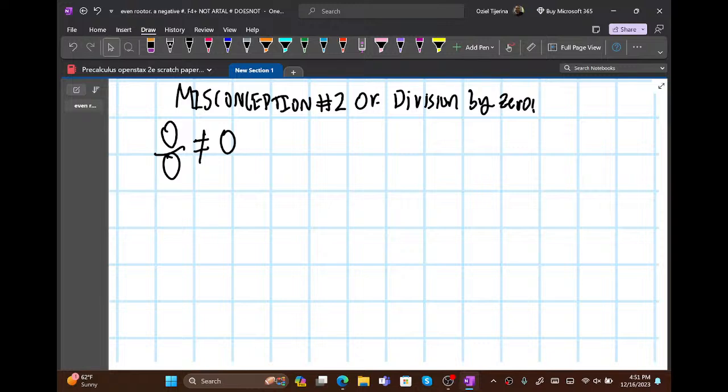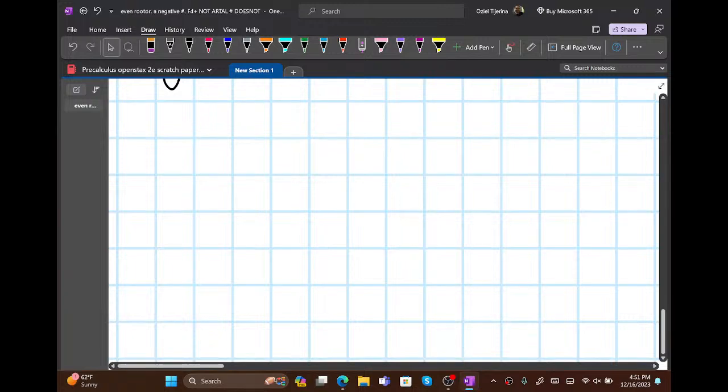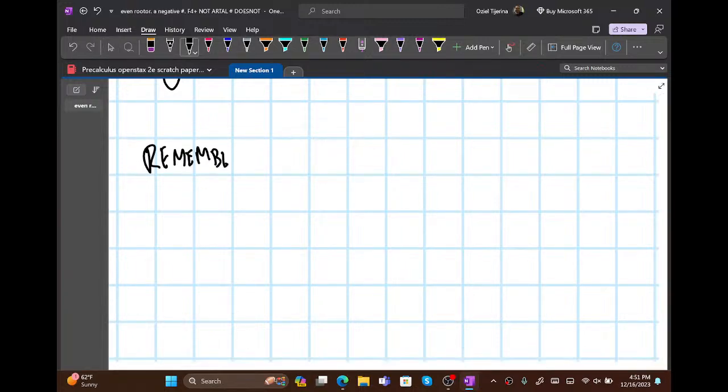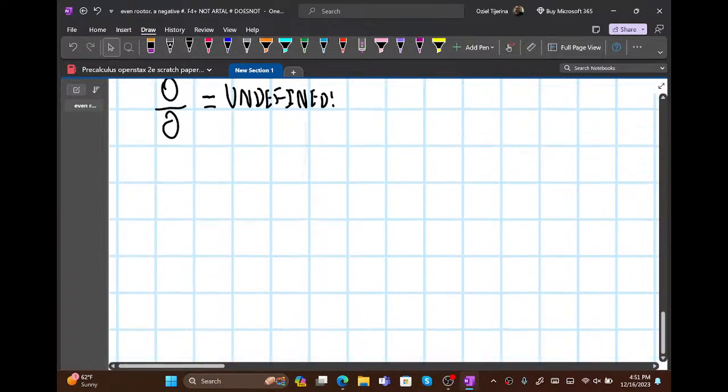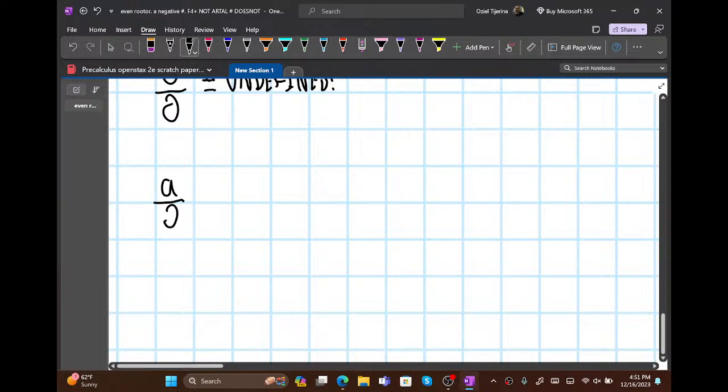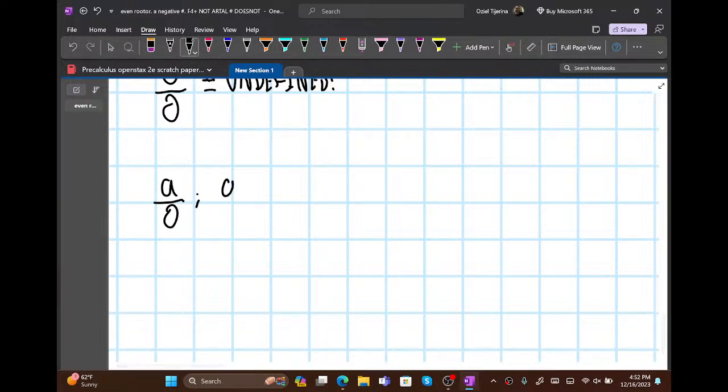Now here, we want to remember zero over zero is undefined, and a over zero, such that a is any real number, is also undefined.